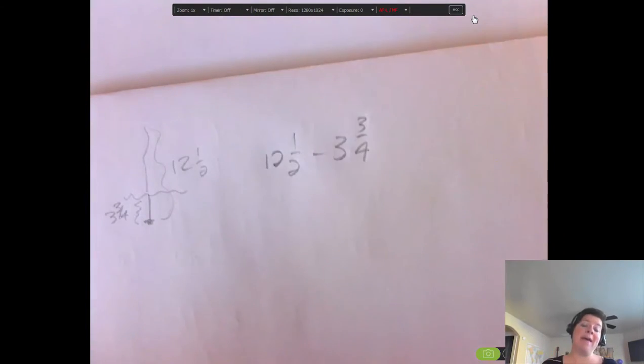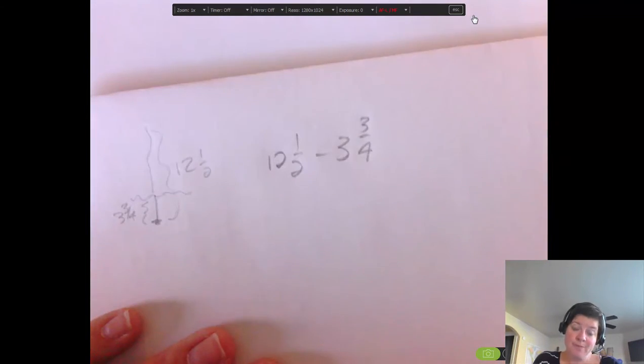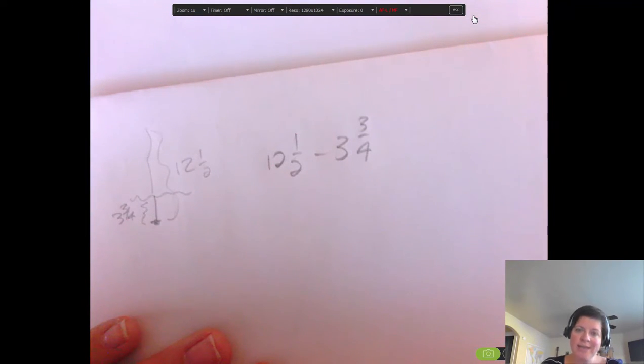I want you to know a method for when you can't think 3/4 and 1/2 and relate them. So I'm going to make these improper, then subtract them, and then bring them back to a mixed fraction. It is a lot of work, and you really have to do the steps if you want to get the problems right, always.